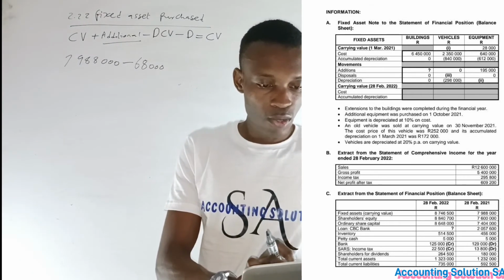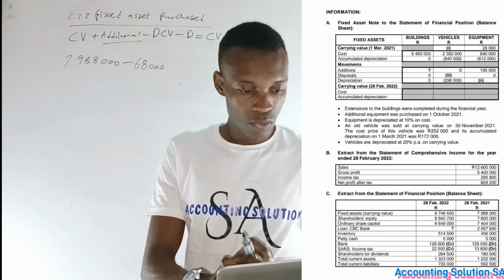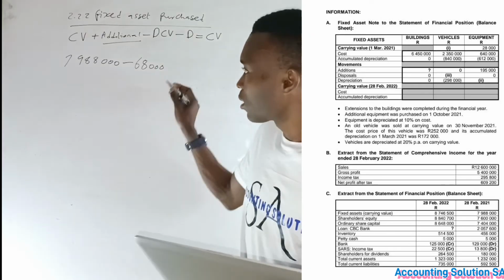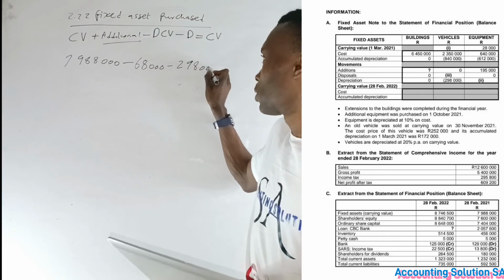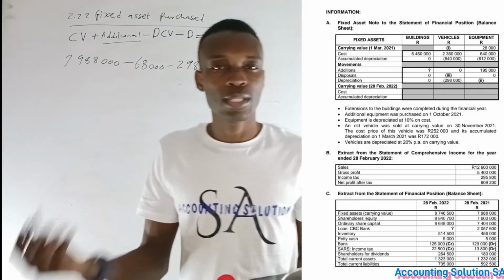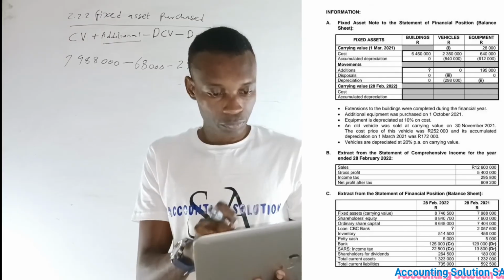Okay, if you check on our table, we have depreciation, which was already given for vehicle. It was 298,000, and another depreciation is the one that we calculated on Roman figure number 2.